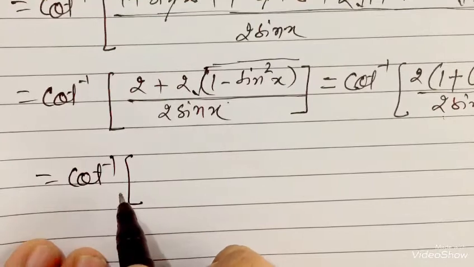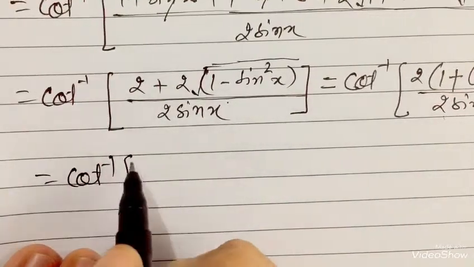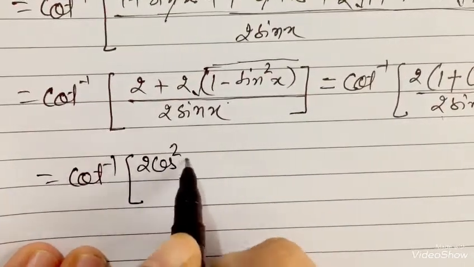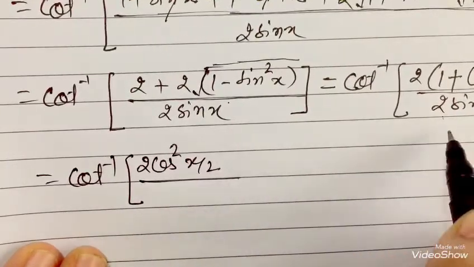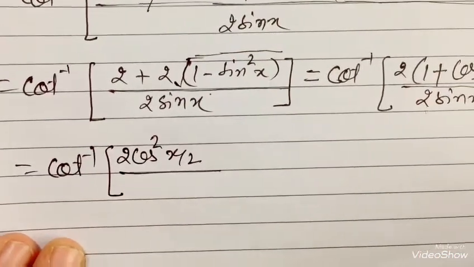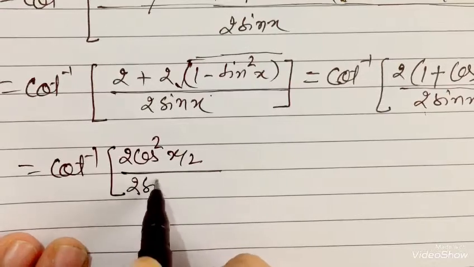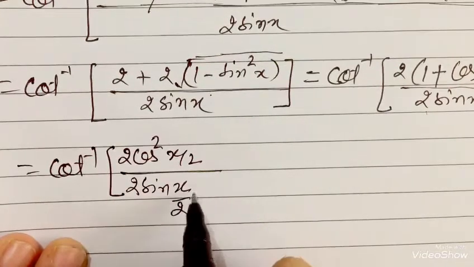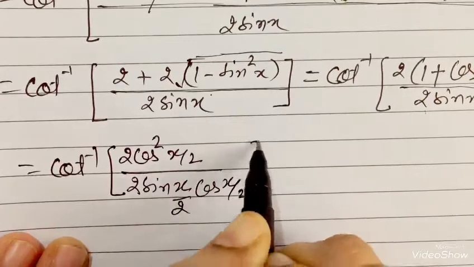1 plus cos x is 2 cos square x by 2, and the formula of sin x in half angle is 2 sin x by 2 and cos x by 2.